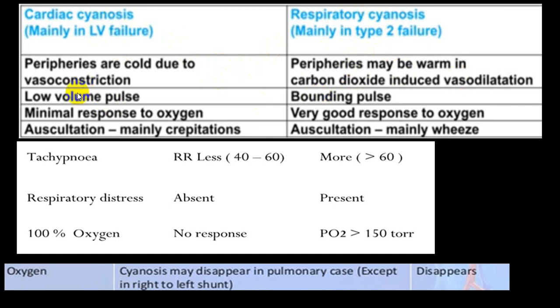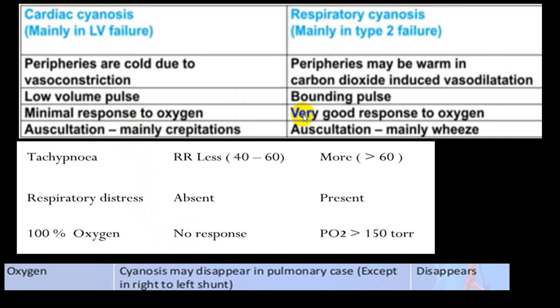The person with cardiac cyanosis will have a minimal response to oxygen therapy, that is, if you give 100% oxygen, usually there will be poor response or no response. Cyanosis may disappear in pulmonary cases, except with a right-to-left shunt. Auscultation-wise, in cardiac cases you will get basal crackles, or basal crepitations, while in the respiratory system you will have a bounding pulse.